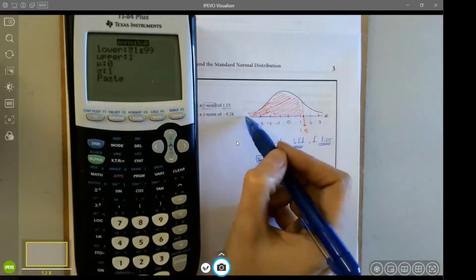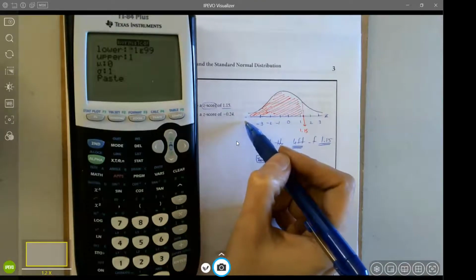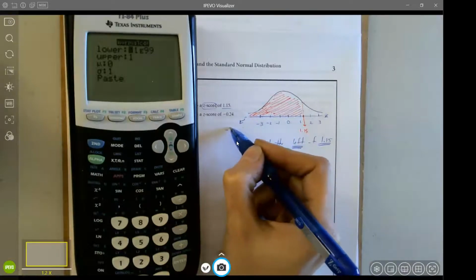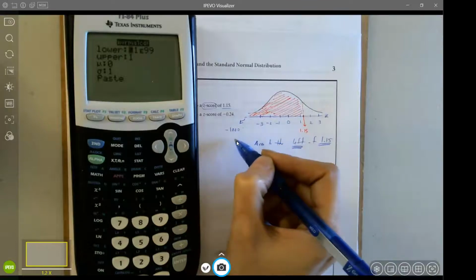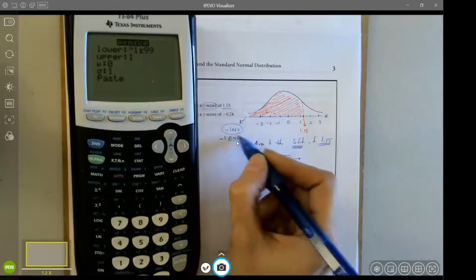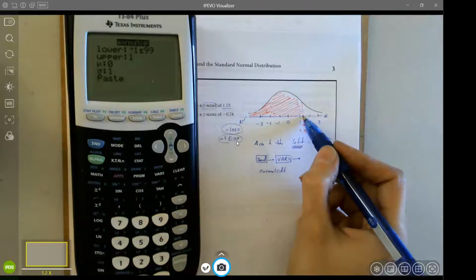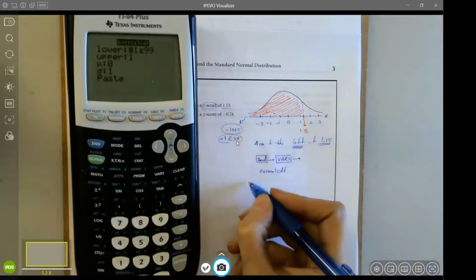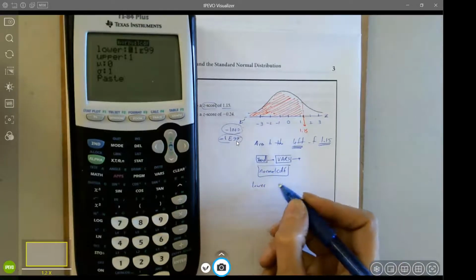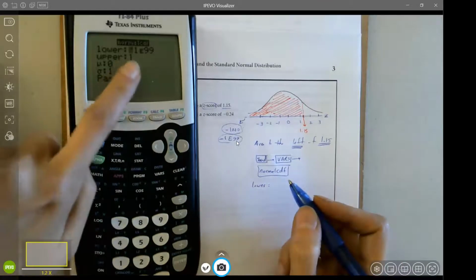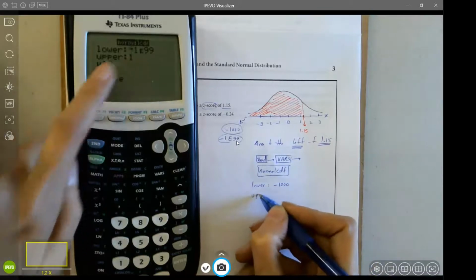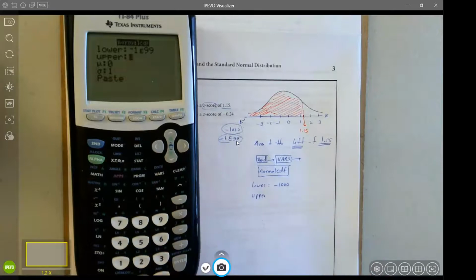You don't know what number is located on the left-hand side, so instead of writing an exact number, you can use -1,000 or -10,000 or -1E99. And the number on the right-hand side where you stop is 1.15. So your lower bound, lower limit, if you don't see this number, you can use -1,000. Your upper is going to be 1.15.